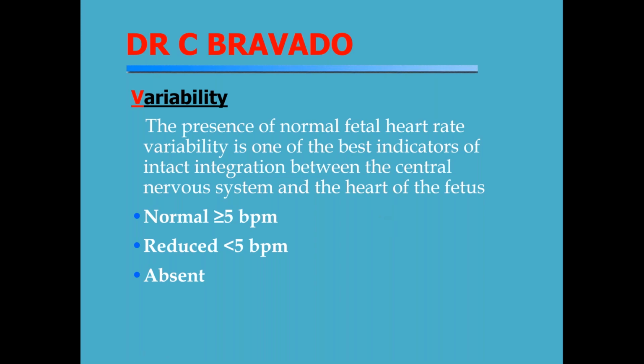So there is competition between the sympathetic and parasympathetic to control the fetal heart rate. The sympathetic increases the fetal heart rate, and the parasympathetic decreases it. Okay, this is the difference.